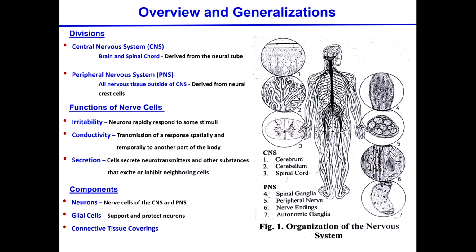It is able to produce an electric current that is going to perform the function of transmitting the signal that's received from the outside or the inside to the proper place and elicit a response. And then there is a secretory function, because most of the transferring of the signal that's received from somewhere is relayed to the next neuron by secreting certain types of what are called neurotransmitters at different points in what is called the synapse. We'll look at all these things later.